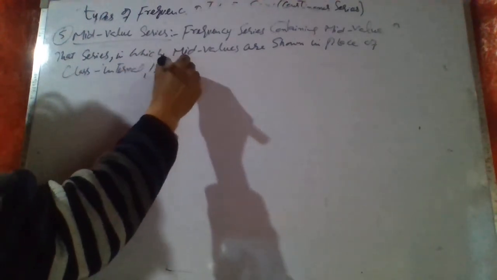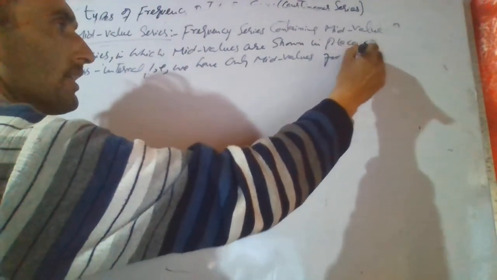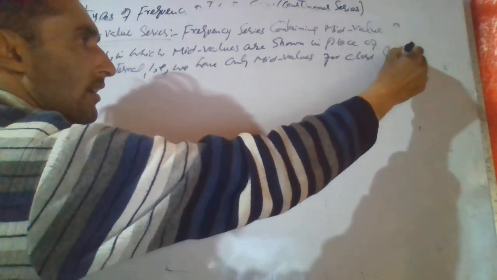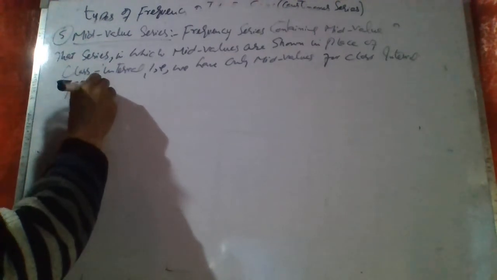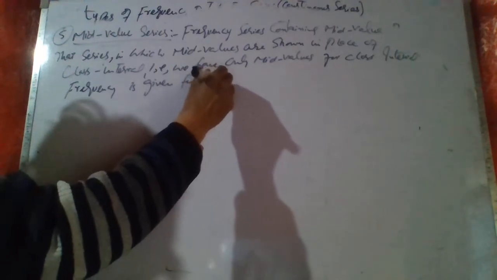We have only mid-values for each interval, we have no class interval, and also the frequency is given for each mid-value.